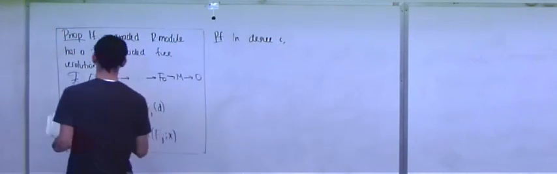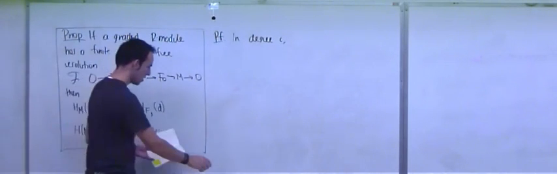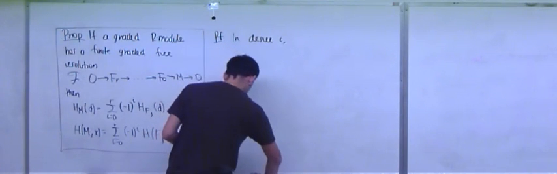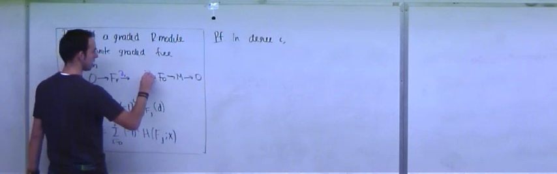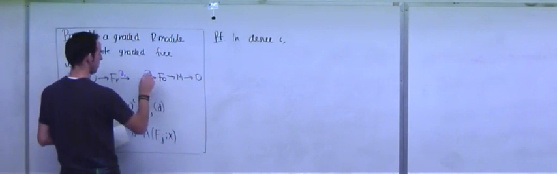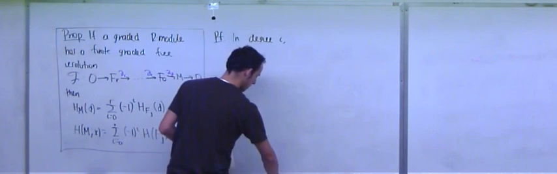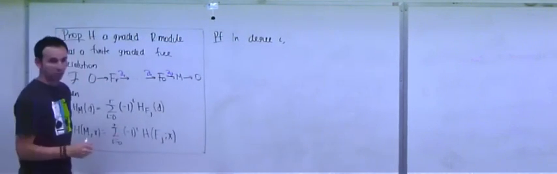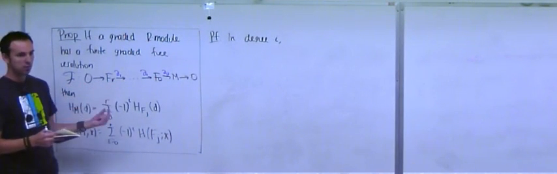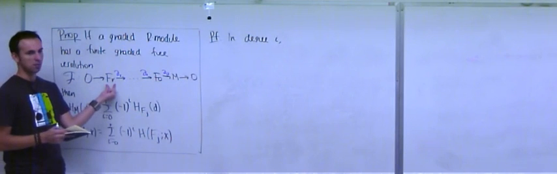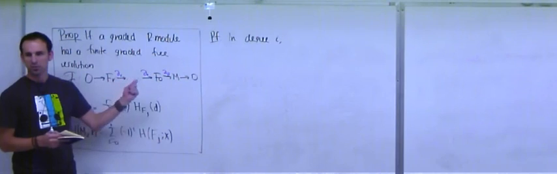Remember what it means to have a graded free resolution: all of these maps, which I call delta r minus 1, etc., up to delta 1, delta 0, need to be degree preserving, right? So that means that if you take the pieces of degree d, then the piece of degree d here maps to the piece of degree d here, etc. And that means that you're also going to have an exact sequence if you pay attention only to degree d.